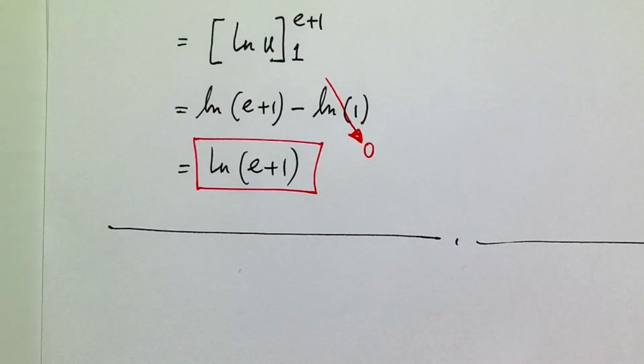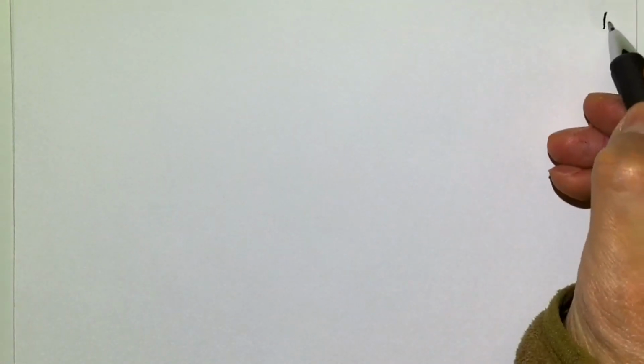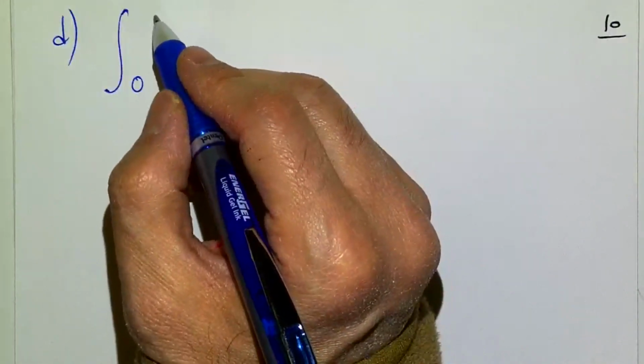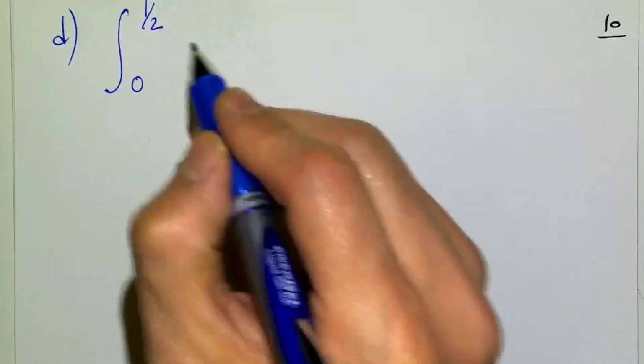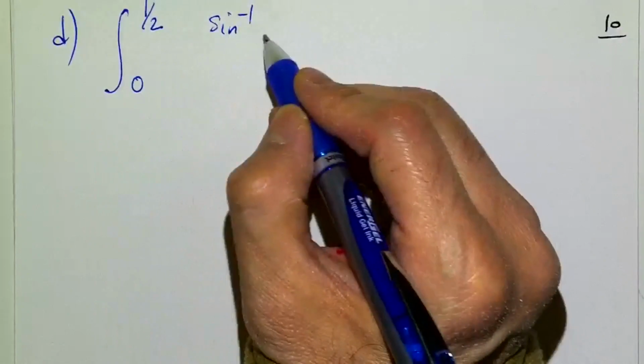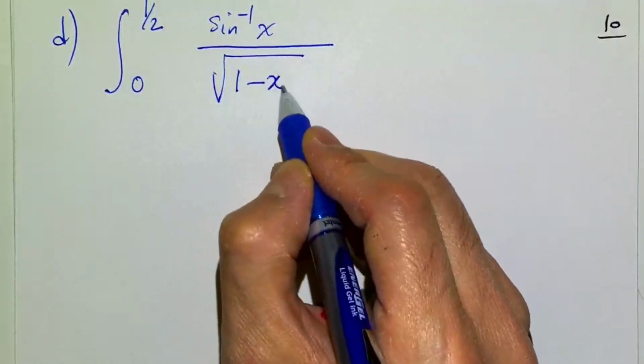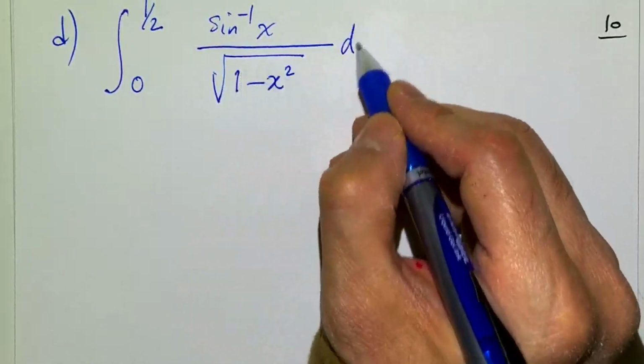All right, let's do another definite integral example. So that was C, this is D. So we have the integral going from 0 to 1/2 of inverse sine of x divided by square root of 1 minus x squared dx.